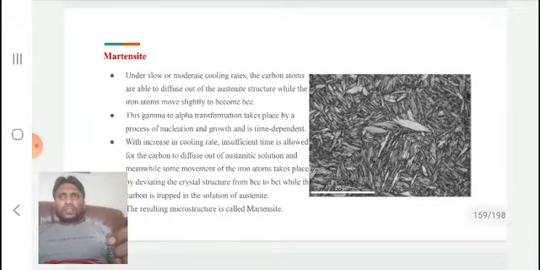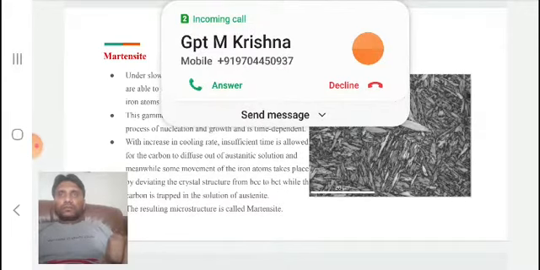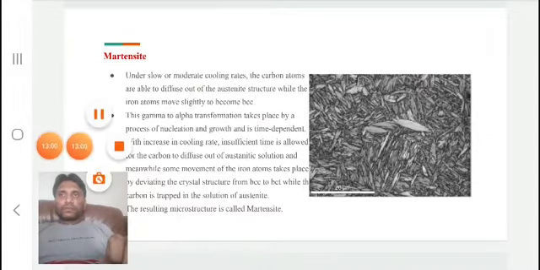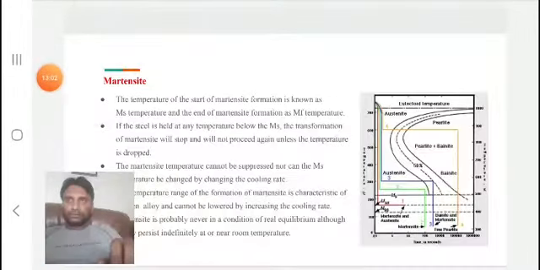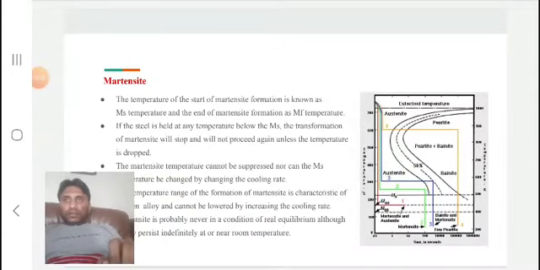So far we were discussing martensite. Under slow or moderate cooling rates, the carbon atoms are able to diffuse out of the austenite structure, while the iron atoms move slightly to become ferrite.